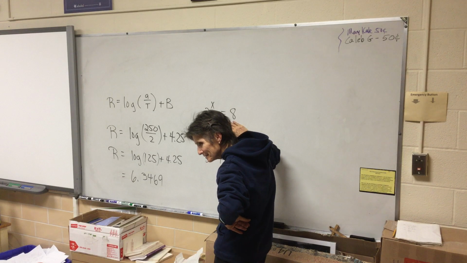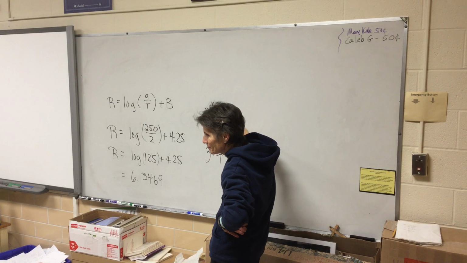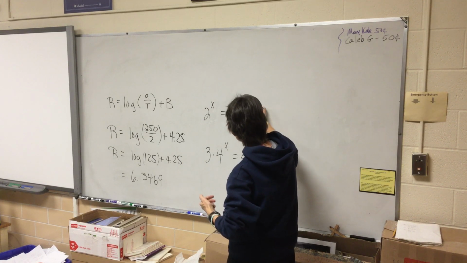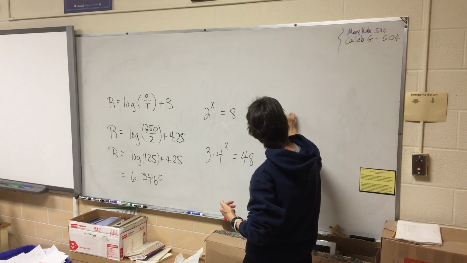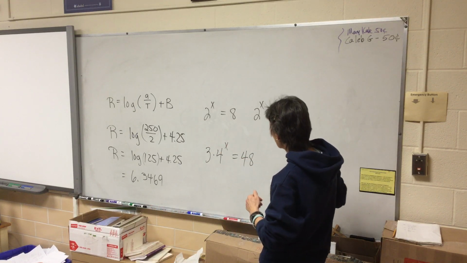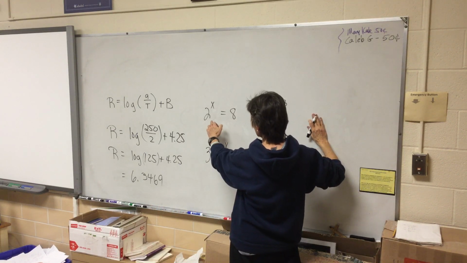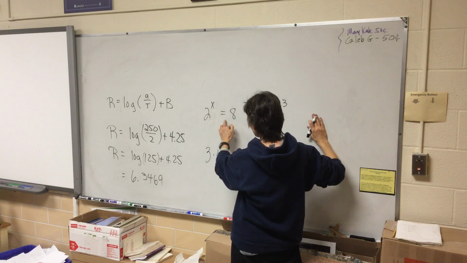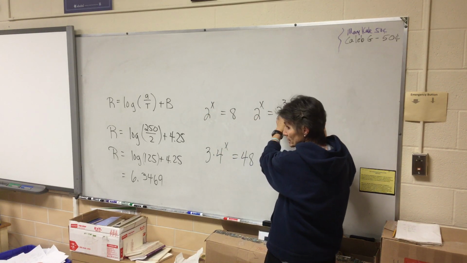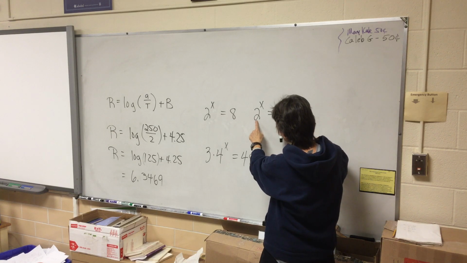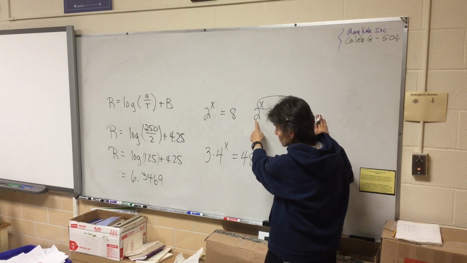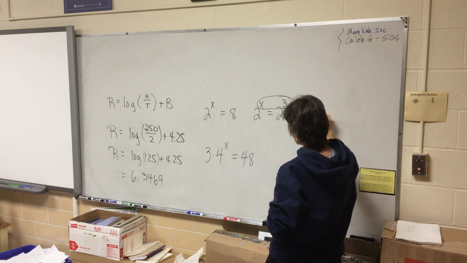What's 8? Well, it's 2 cubed. Yeah, it's 2 cubed. So you can think of this problem, and that one's so simple you may not even need to write this down, but you can certainly think of it as 2 to the x equals 2 cubed. 8 is 2 cubed. And once these two numbers match, then you can set the exponents equal. So x is clearly 3.